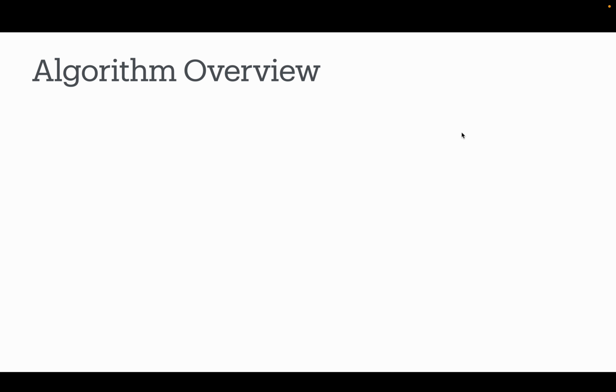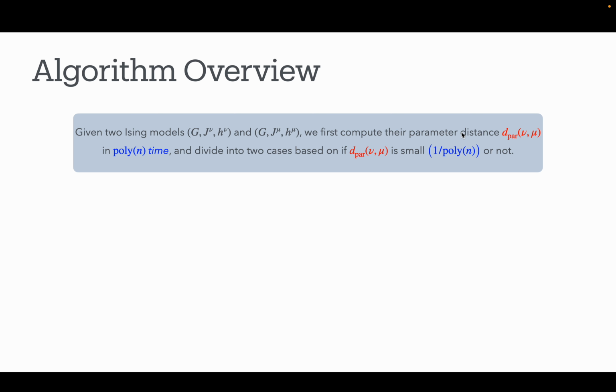And our algorithm can be overviewed as below. Given two Ising models (G, J_ν, H_ν) and (G, J_μ, H_μ), we can first compute their parameter distance in polynomial time and divide into two cases based on whether the parameter distance is large or small.